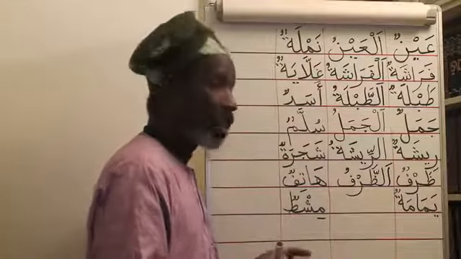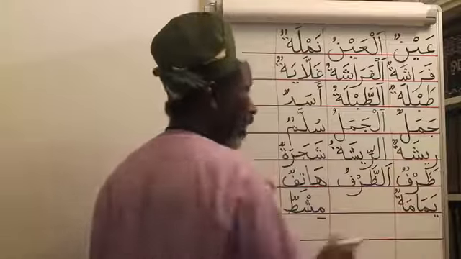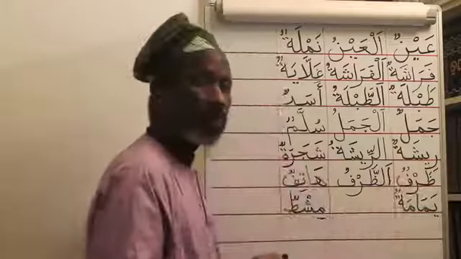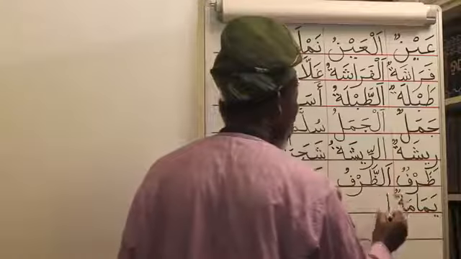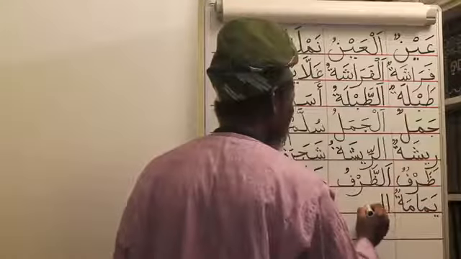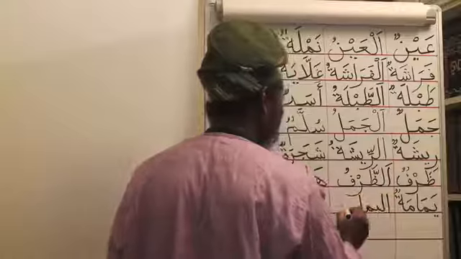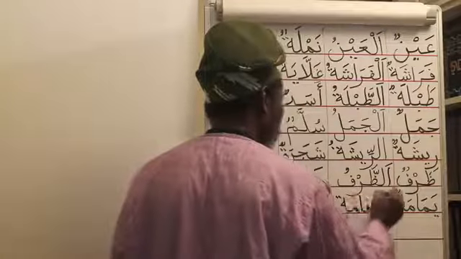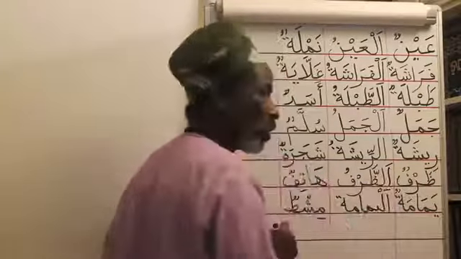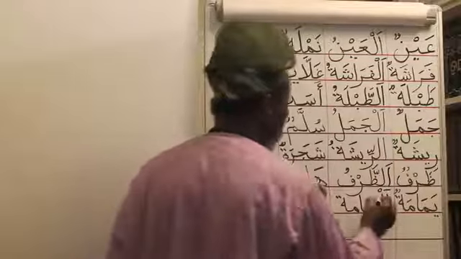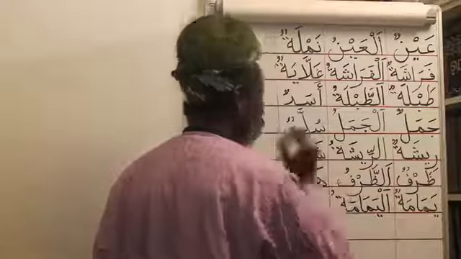Next one, Yamamatun. Ya is a moon letter. Al-Yamamatu. So "Al" has sukun on the lam. Yamamatu, single damma.